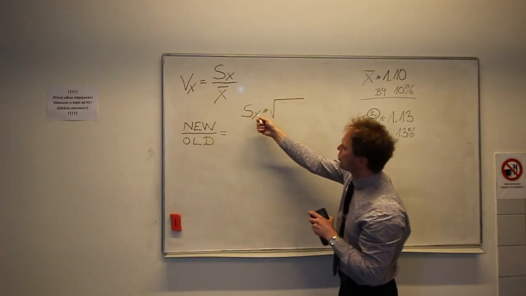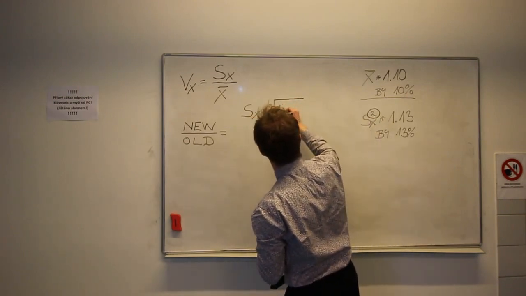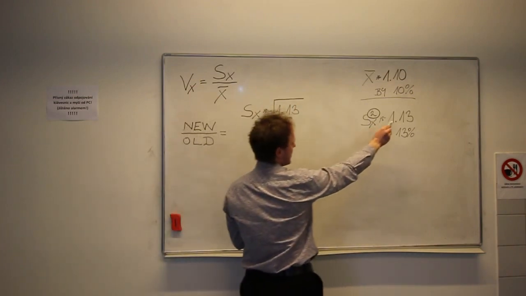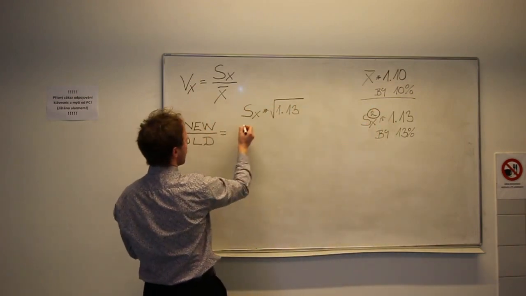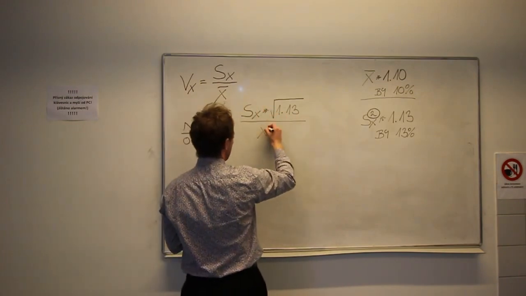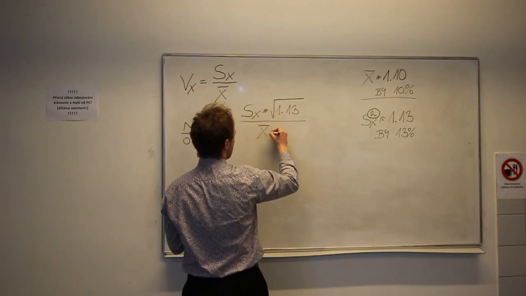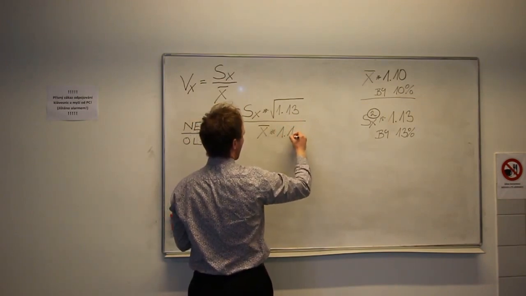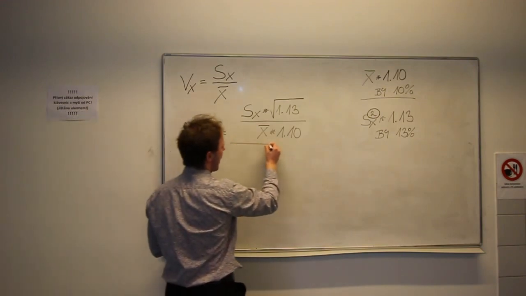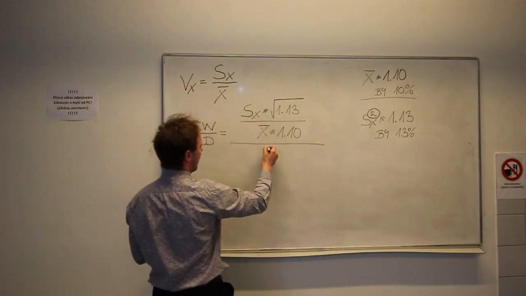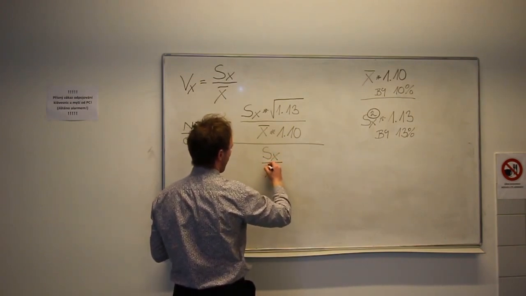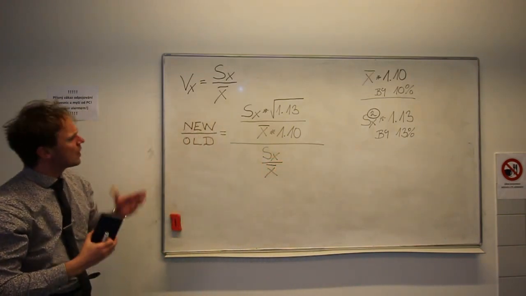This will be multiplied by the square root of 1.13, because this is deviation and this is variance. So new deviation divided by mean, x with stripe, multiplied by 1.1. This is the new, divided by the old standard deviation divided by the old mean.